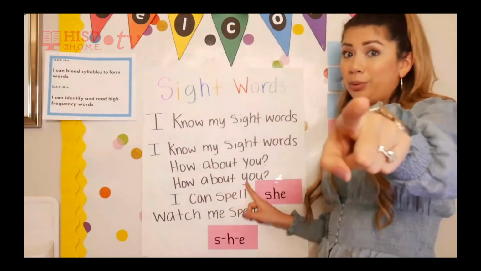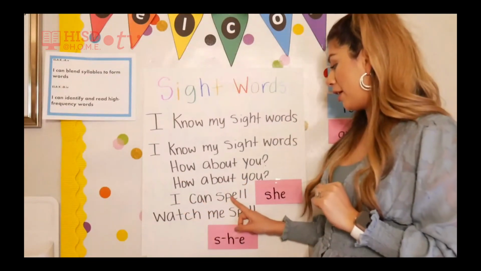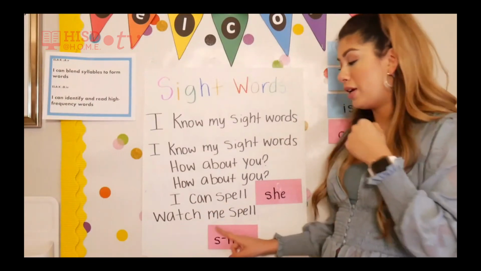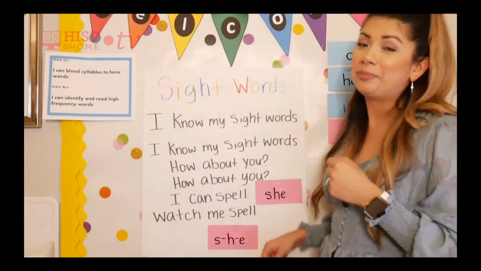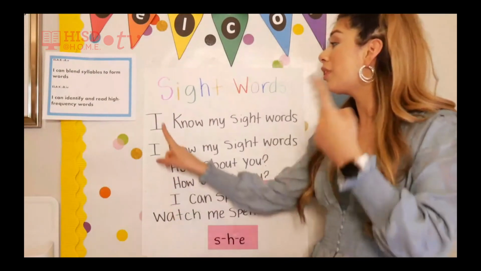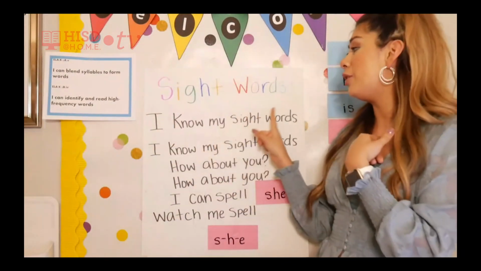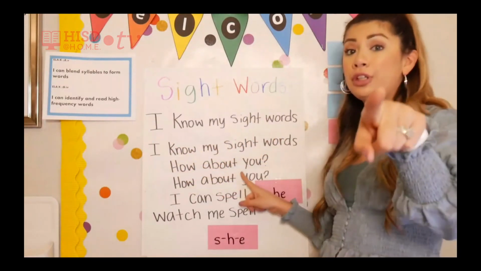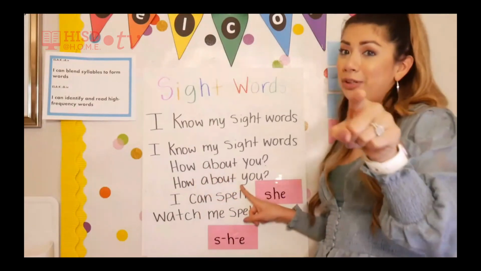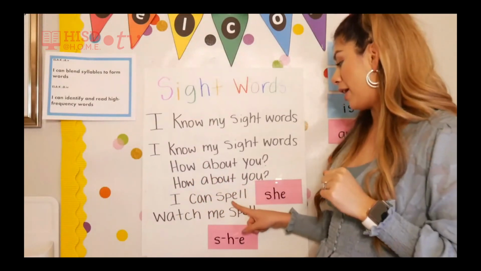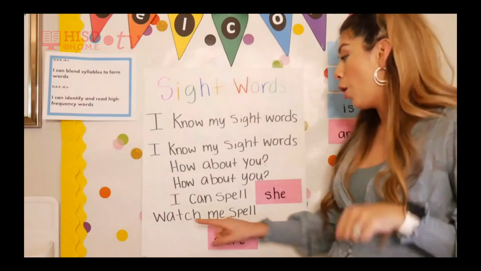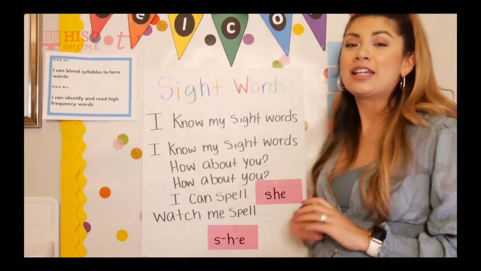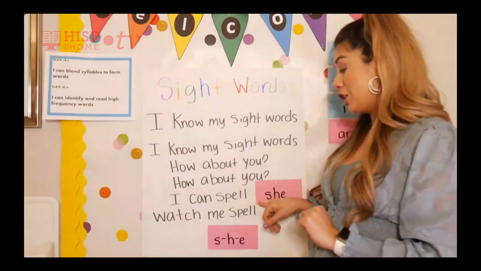How about you? I can spell she. Watch me spell. S-H-E. Let's go again. I know my sight words. I know my sight words. How about you? How about you? I can spell she. Watch me spell. S-H-E. Very good. She.